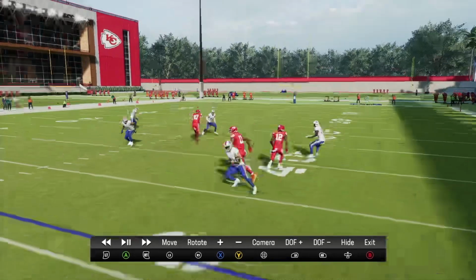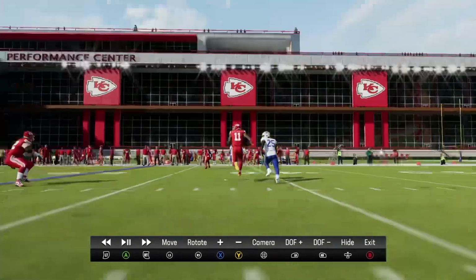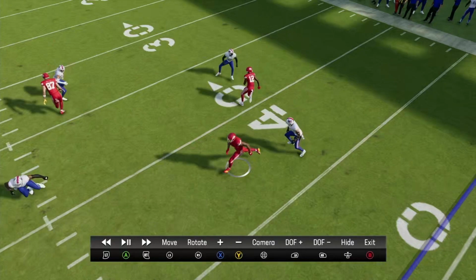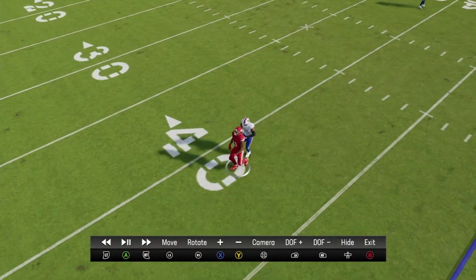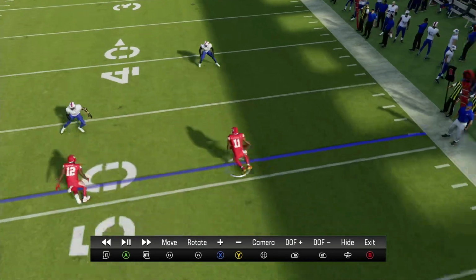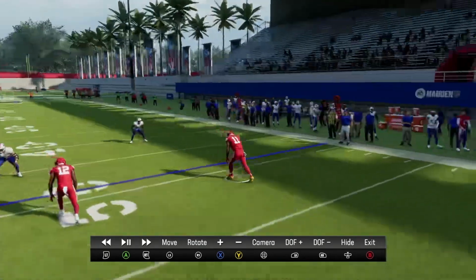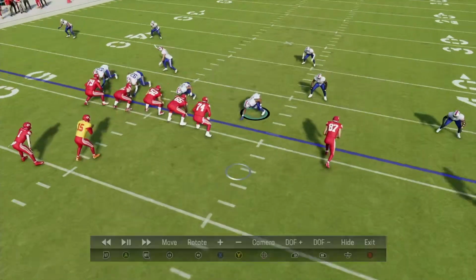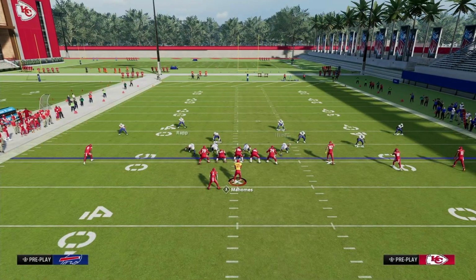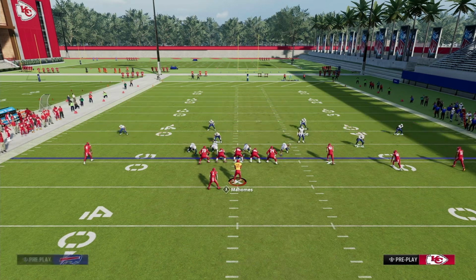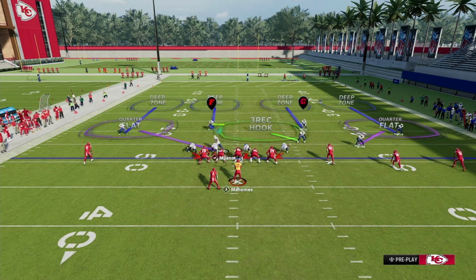So as long as you can identify who number 3 is or who number 2 is, running those drags, running those slants, those shallow posts, you should have a decent time running quarters and using this middle guy. I would pretty much never recommend using either of these safeties in this scenario. This guy is also a solid candidate to use, especially if they're blocking their halfback a lot. So that's just food for thought.